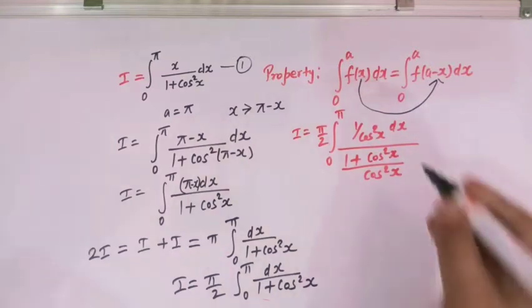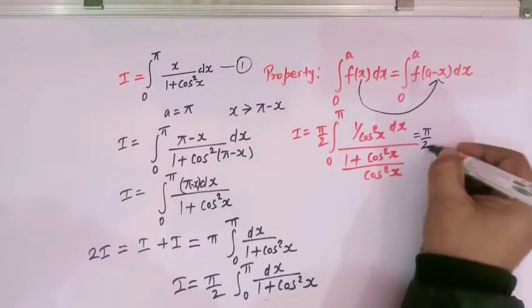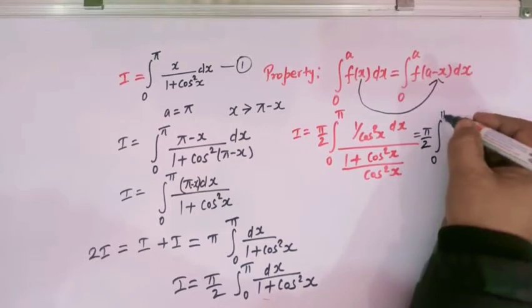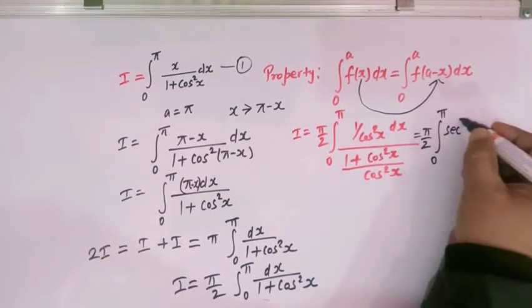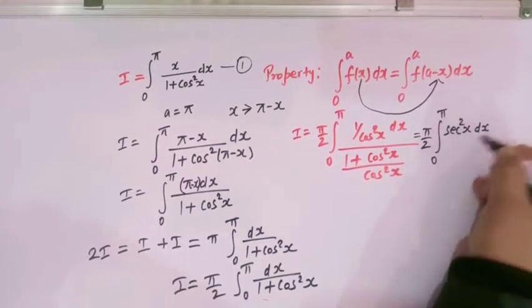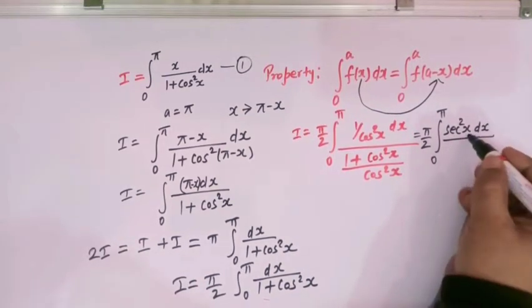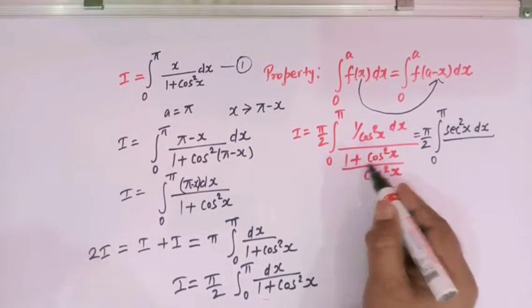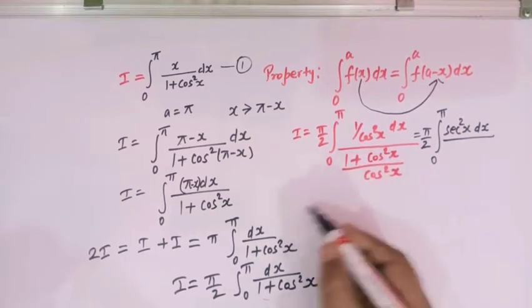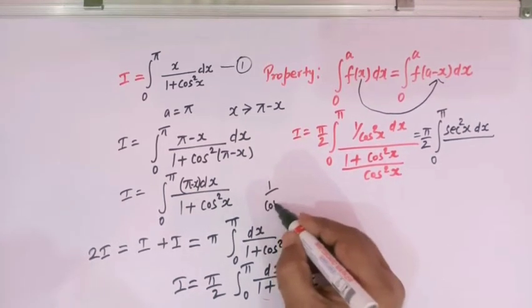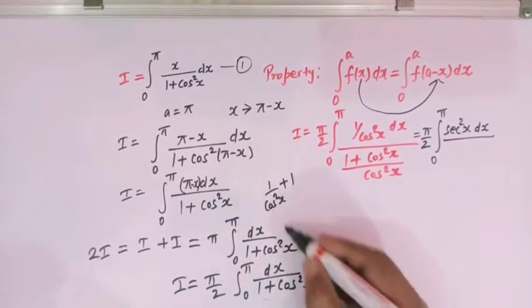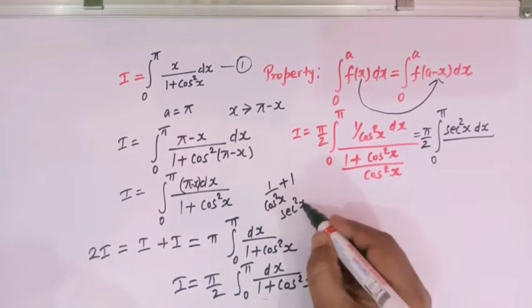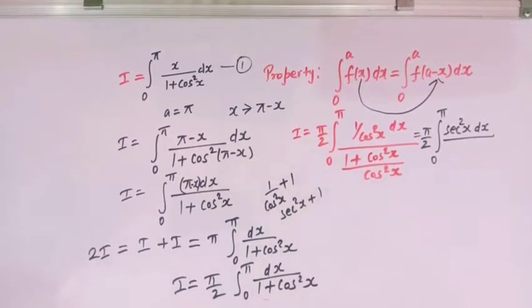Okay, so now we can write it as pi over 2, this is 0 to pi, 1 over cos square x is sec square x dx. So this is secant square x, and here 1 plus cos square x over cos square x can be written as 1 over cos square x plus 1, and 1 over cos square x is secant square x plus 1, right?